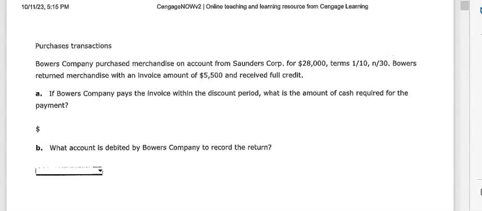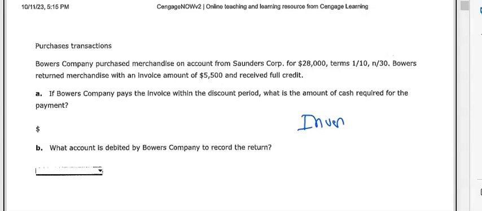So we purchased merchandise. For merchandise, we'll use the account called inventory, and it was for $28,000. And it gives us some credit terms. We'll talk about that, but that means that they offered us a 1% discount if we paid within 10 days. Then we returned merchandise with an invoice amount of $5,500. So we didn't keep that whole $28,000.